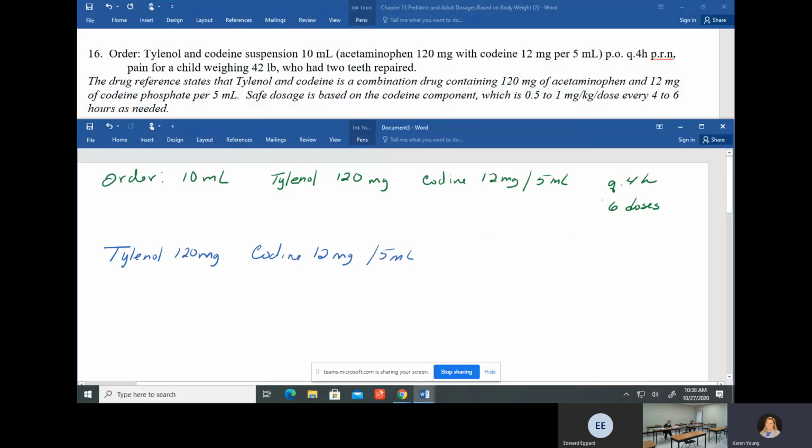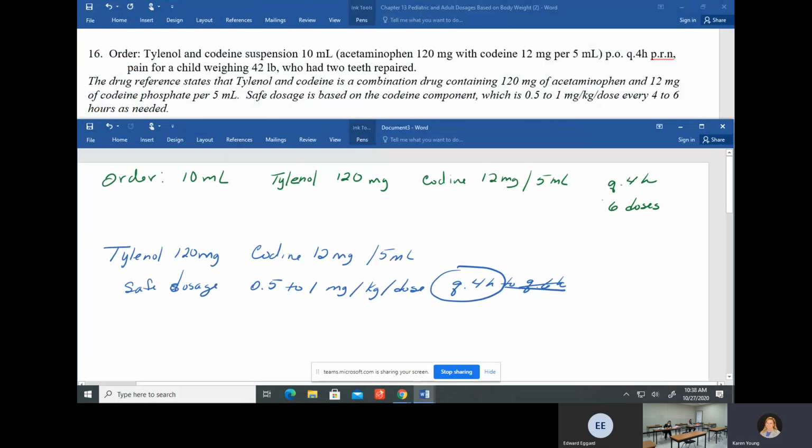The safe dosage is based on 0.5 to 1 milligram per kilogram per dose, every 4 to 6 hours as needed. All right, since the doctor's ordered every 4, we're going to look at the every 4. We're not going to pay attention to the every 6. We're going to go with what the doctor has ordered.